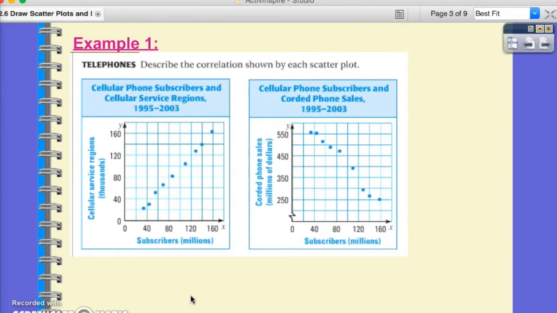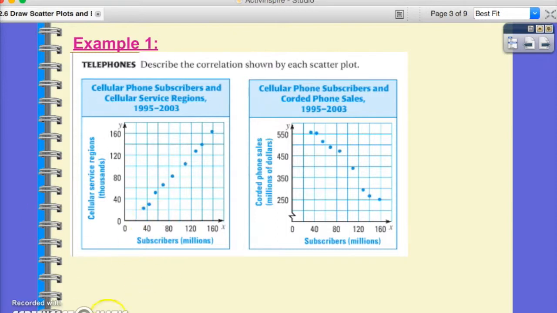So say we're looking at, I don't know, Verizon. Say Verizon keeps track of how many cell phone subscribers they have and how many regions they have. Remember, more regions of cellular service means you have more of a connection. So if you ever go somewhere that's really rural and there's a dead spot, clearly they don't have enough cell towers.